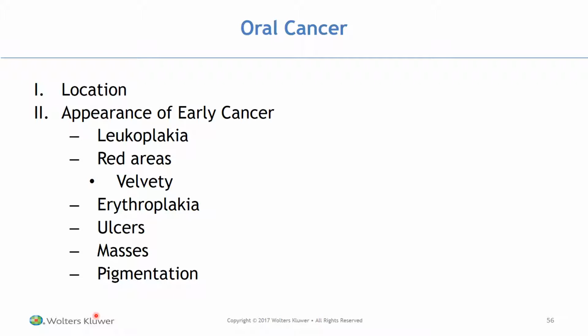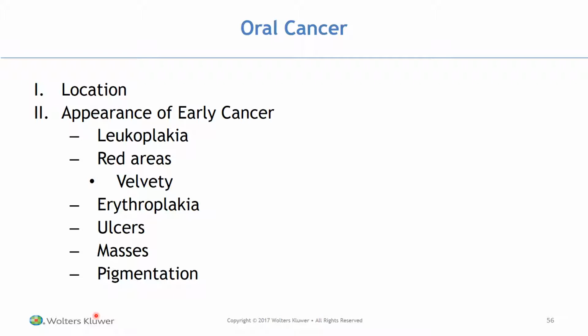Lesions appear red or velvety in consistency, and that's what is kind of key, that velvety consistency. They may coincide with small ulcers. Erythroplakia is a rare precancerous lesion that cannot be characterized as any specific disease.